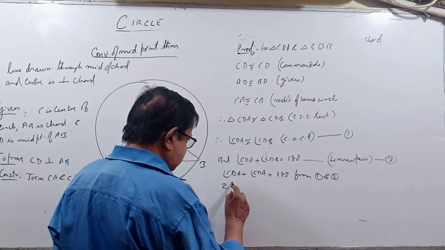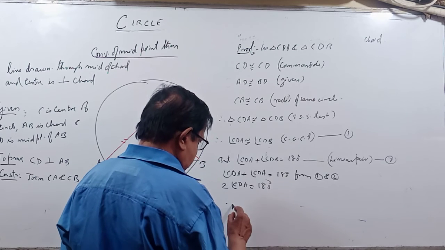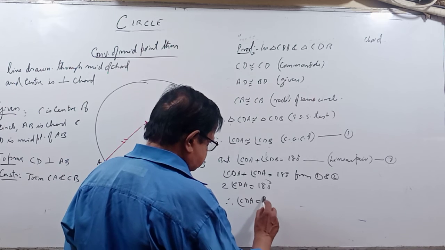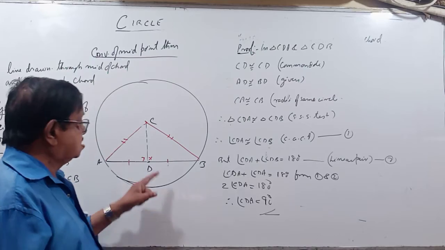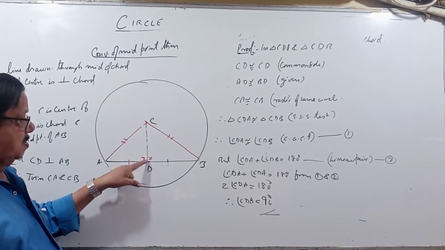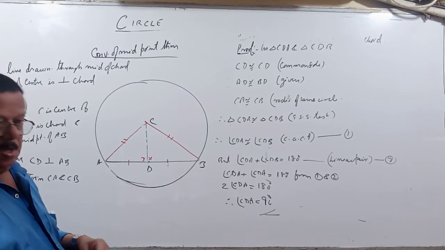We got twice angle CDA equals 180 degrees. Therefore, angle CDA equals 180 upon 2, which is 90 degrees. Therefore, this theorem says that if we join the midpoint of the chord and the center, it will automatically be 90 degrees, a corollary of the previous theorem. I hope you understood.